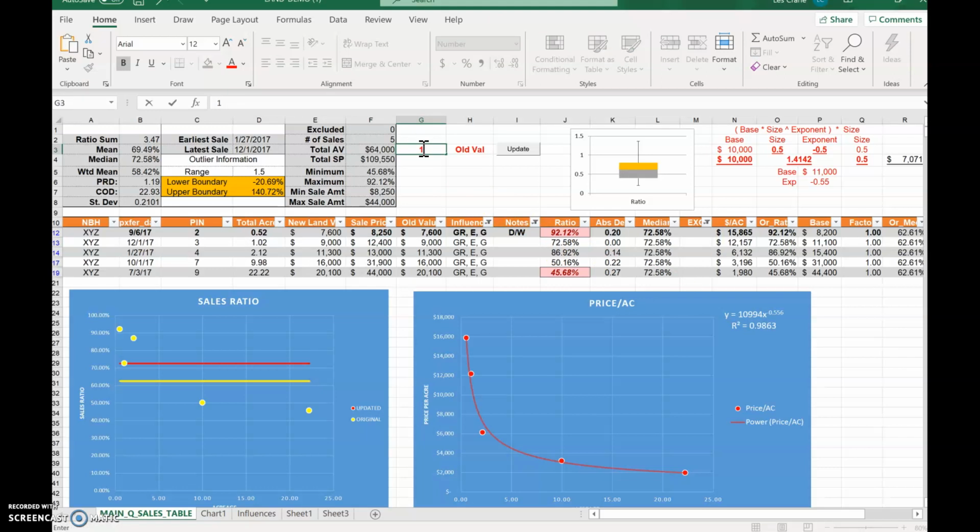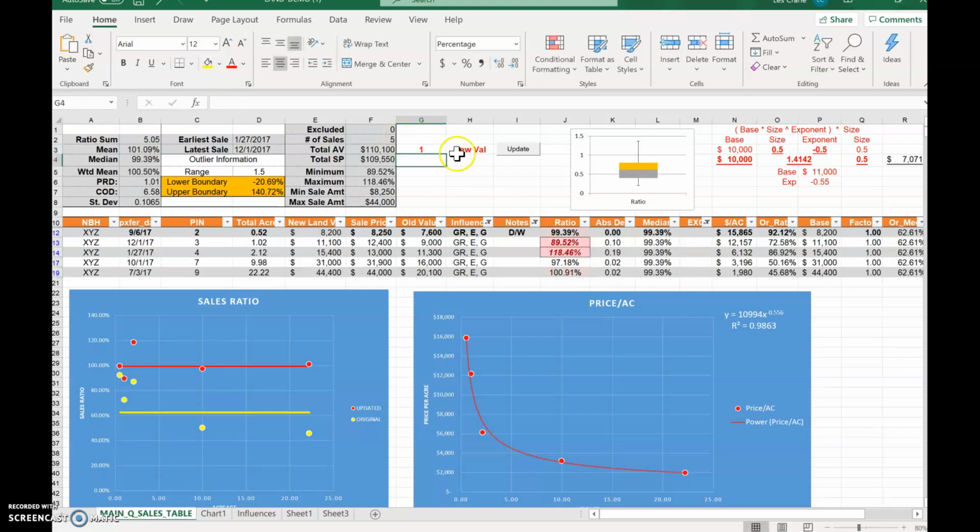So if we apply that base rate and update all of the land values, we can see that brings us to a median ratio of 99.39%. Our PRD is 1.01 and our COD is 6.58. So those are all very good. And as you can see, those properties are plotted here on the graph, and they're all very close to that trend line that Excel has given us.